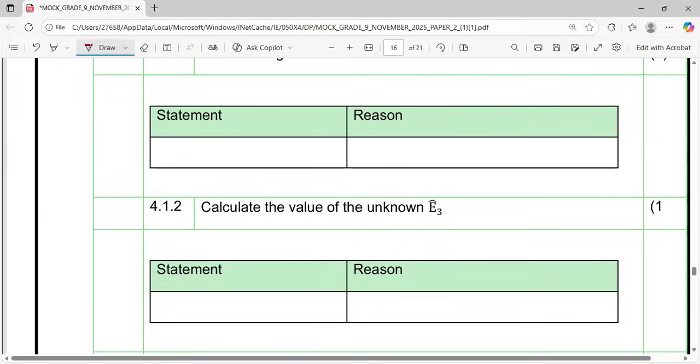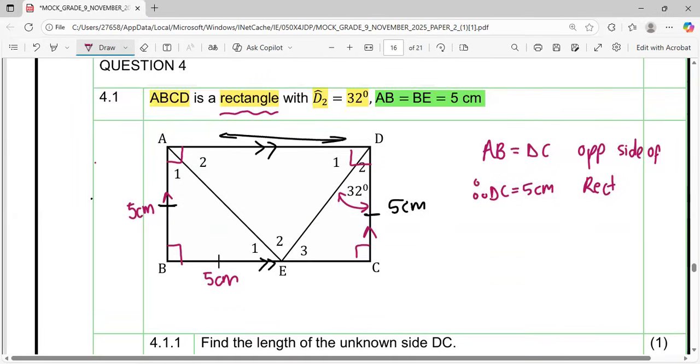They're saying calculate the value of unknown E3. So let's go to E3. E3 is this value there, all right? So for E3, like I previously said, we'll state that angle C is equal to 90 degrees.